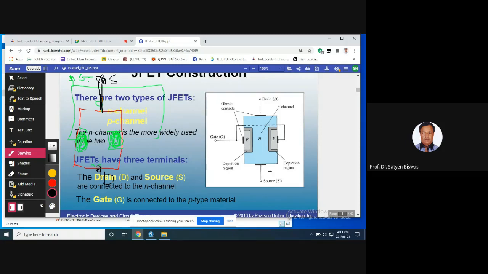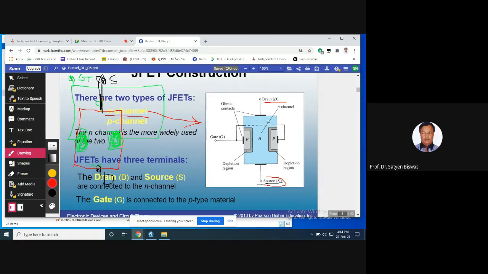But here it is the same body, and the top terminal is considered the drain and the bottom terminal the source. It doesn't matter to me, you can consider either, both are the same. But normally we put the source at the bottom in the case of an n-type JFET. This is an n-type JFET actually. This is an n channel, not a p channel. N channel means the channel is made out of n-type material, meaning there are lots of electrons.